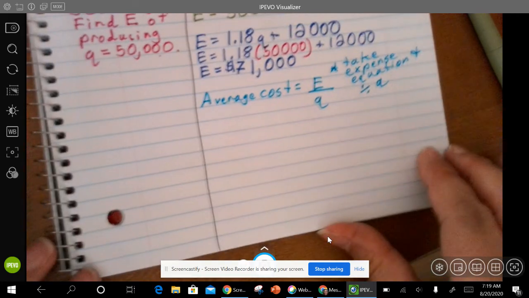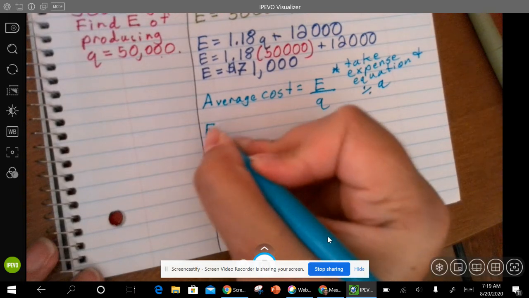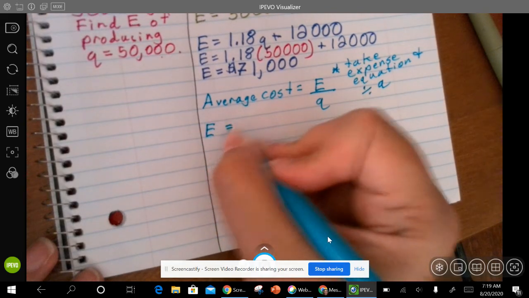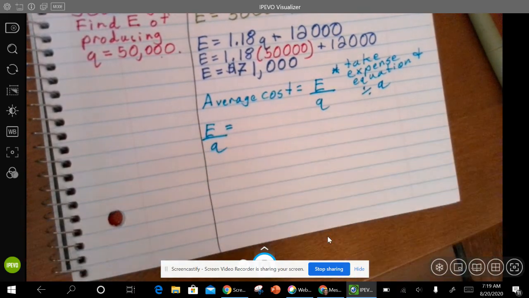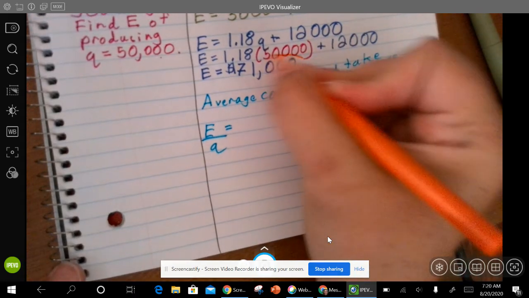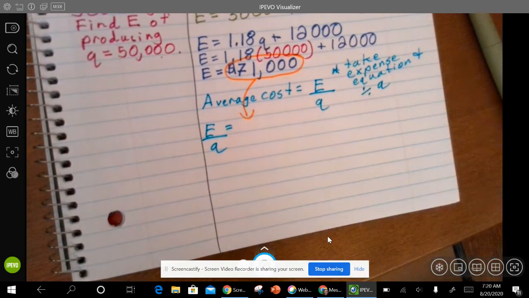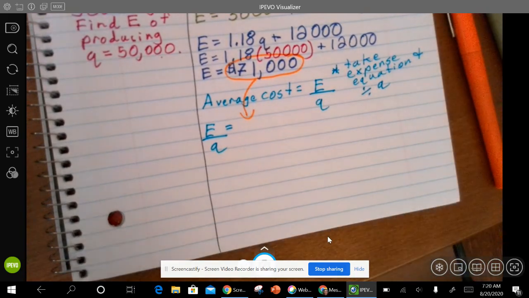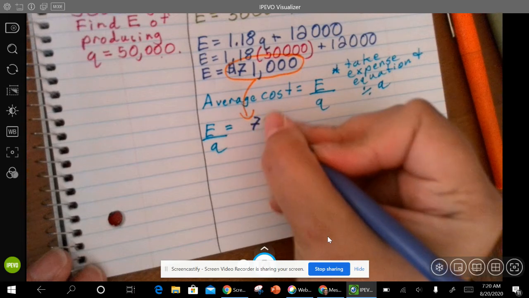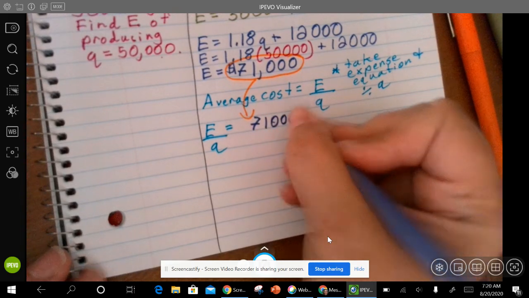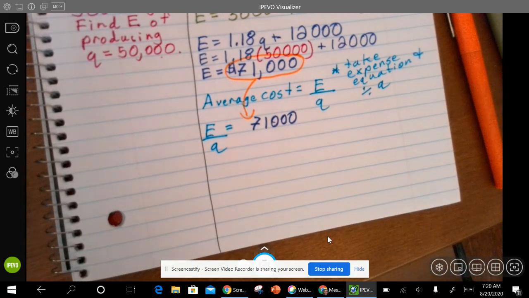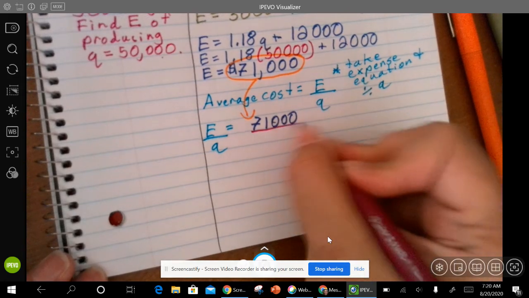So we're going to have E divided by Q equal to the 71,000. I'm going to put it in there. Divided by our quantity of 50,000.